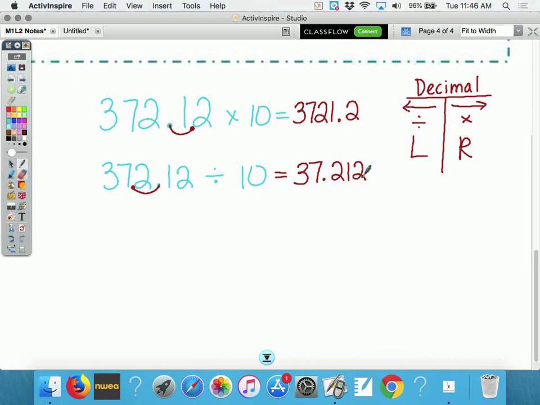Okay, tell your table group how to say the first number. 3,721. Okay, table 2, what'd you say? Say it again. 3,721 and 2 tenths. Awesome.